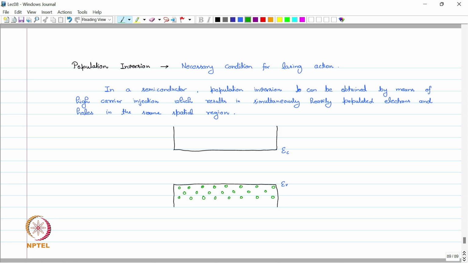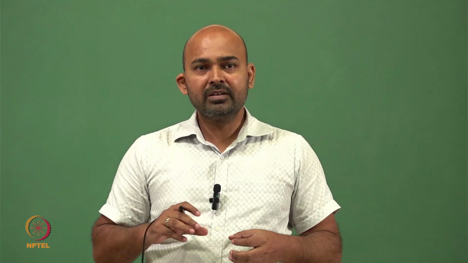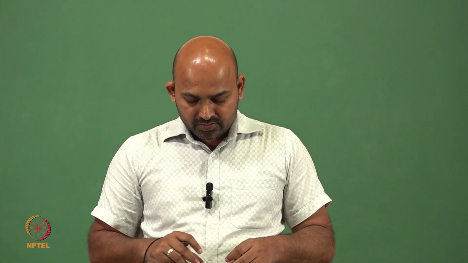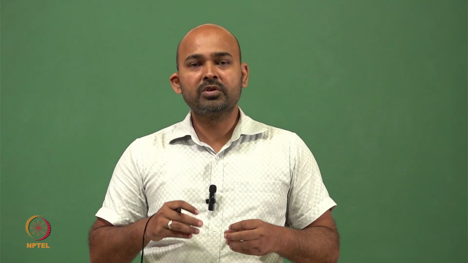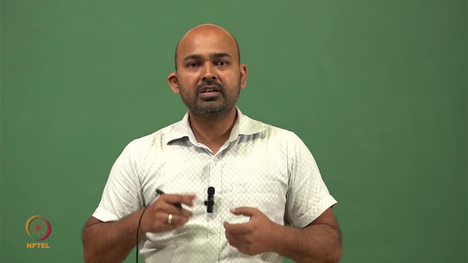So this is the normal case where the conduction band is completely empty and the valence band is completely filled. Now we inject a high current so that many electrons have energy high enough to jump to the conduction band.